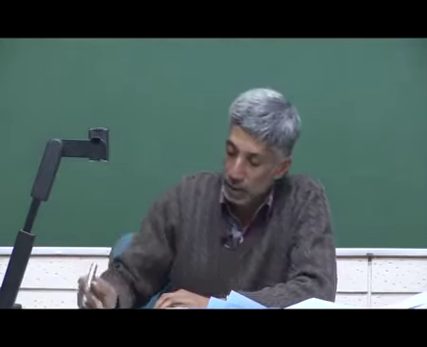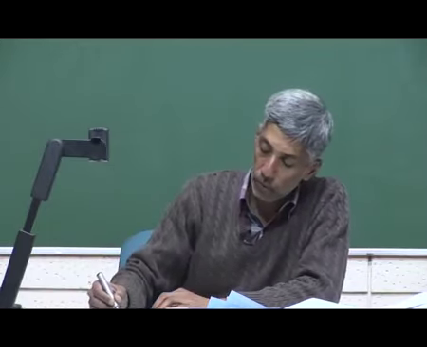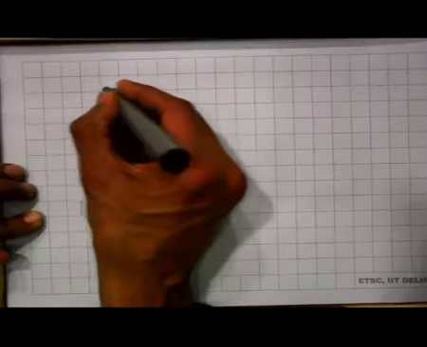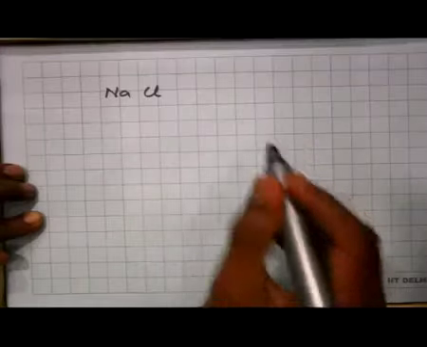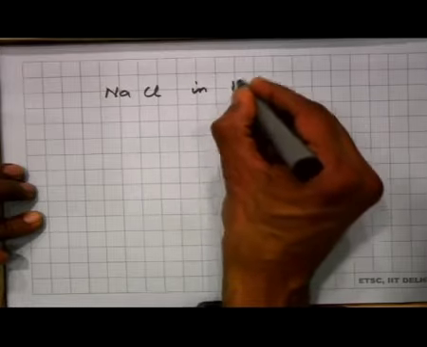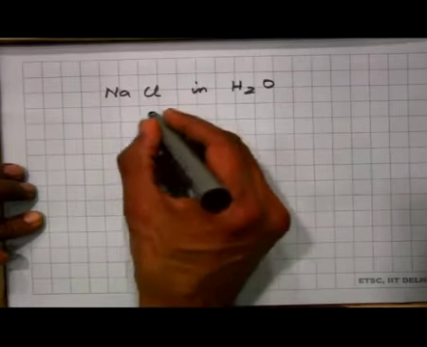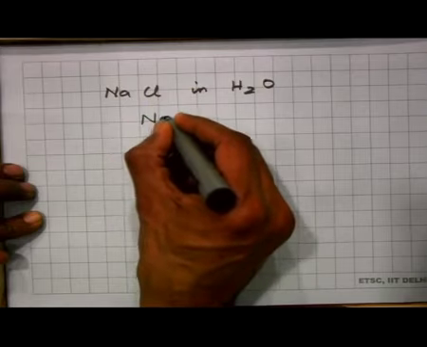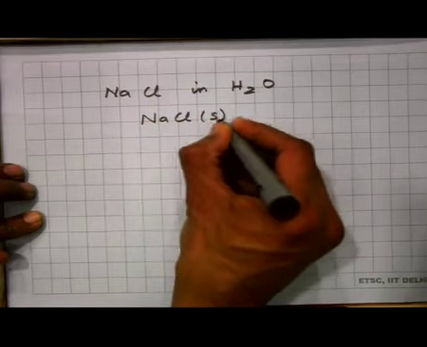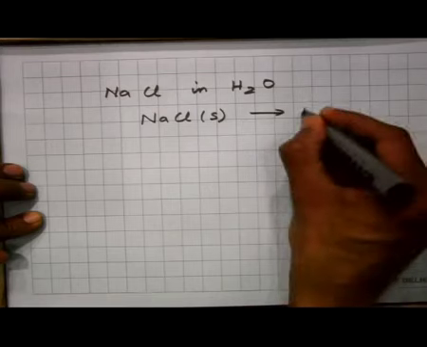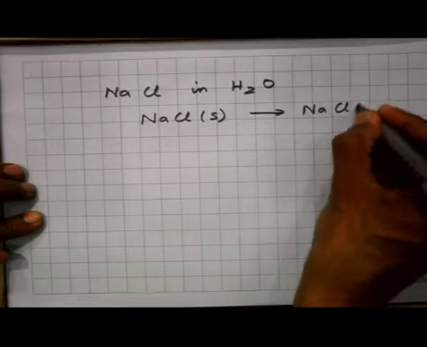So, the first interaction that we have looked at is ion dipole. The next thing that we could look at, ion dipole. We already discussed this. So, if I take sodium chloride and I put it in water, if you wrote this as a chemical equation, this will be NaCl solid. When I put it in water, it gives you NaCl aqueous.